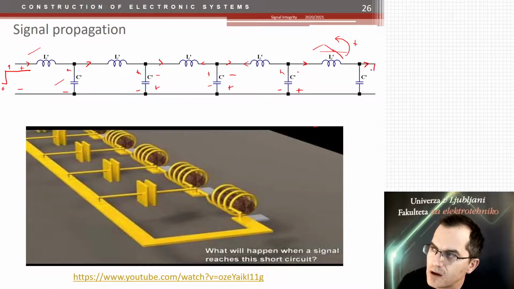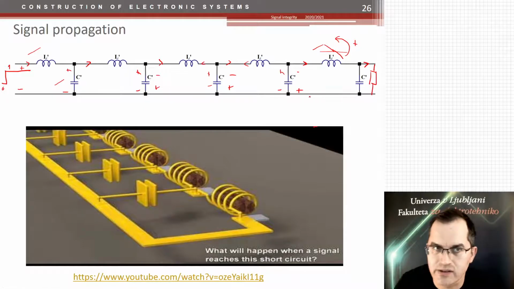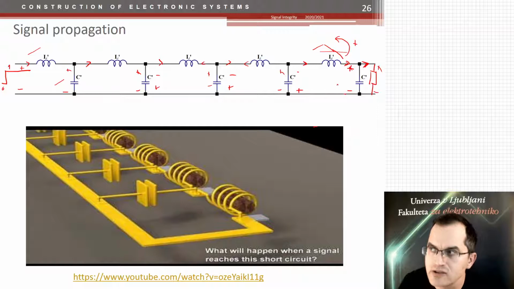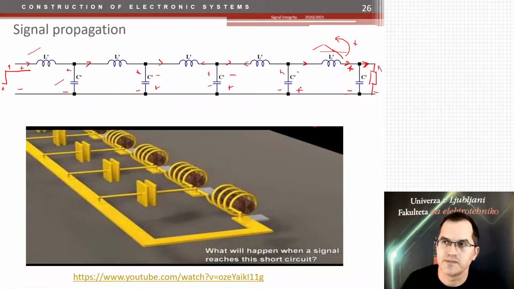If I now put the resistor, which actually has the same resistance as the characteristic impedance of the transmission line, then this current is exactly like that one, and the voltage here is exactly equal. So the ratio between this voltage and that current is the same here, which means that the same current flows here and no current gets back, and all the energy is dissipated in that resistor.